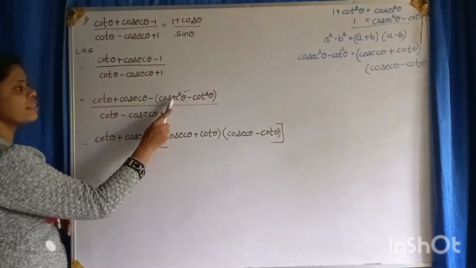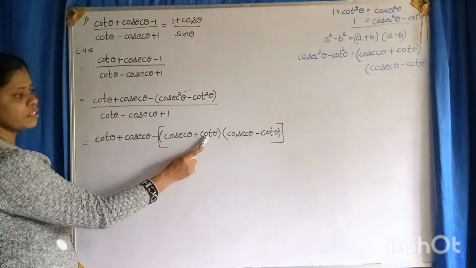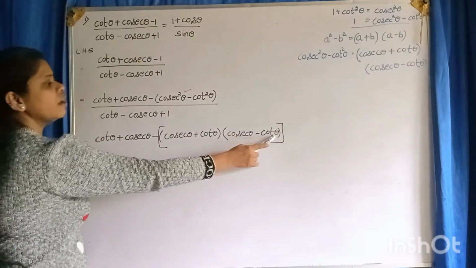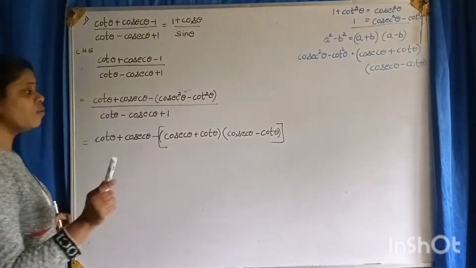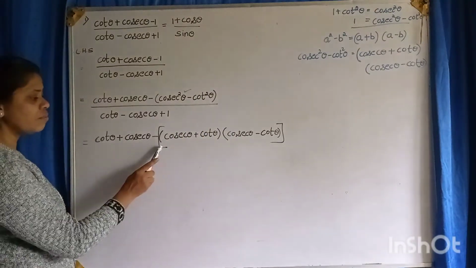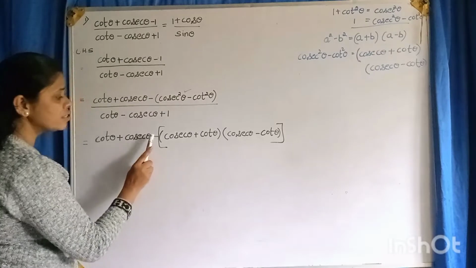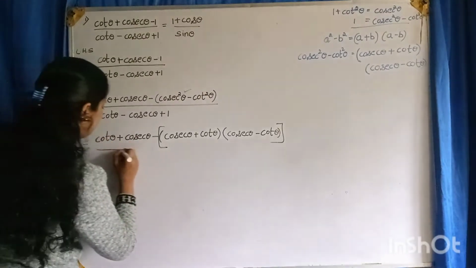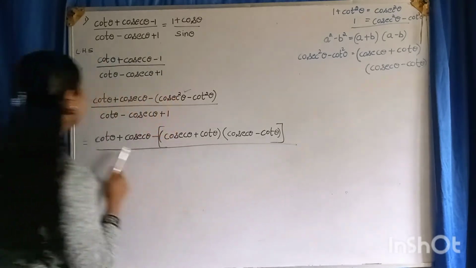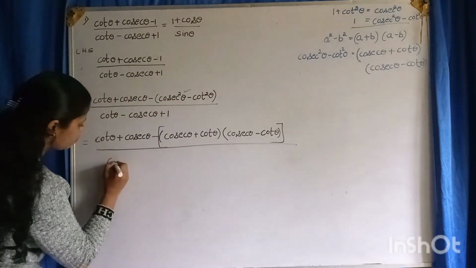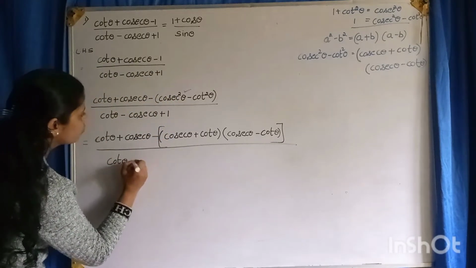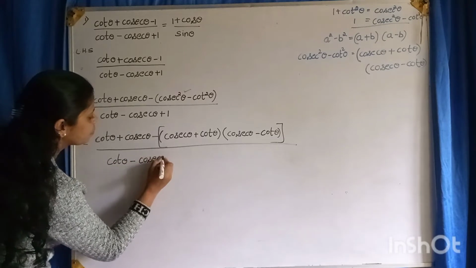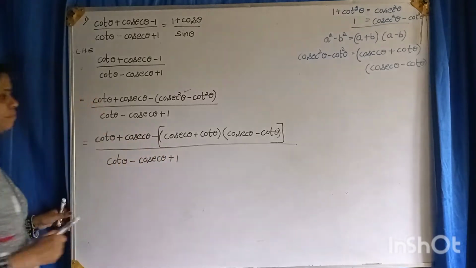Don't forget to take the bracket because here we have minus sign. It's very important. Whole divided by cot theta minus cosecant theta plus 1.